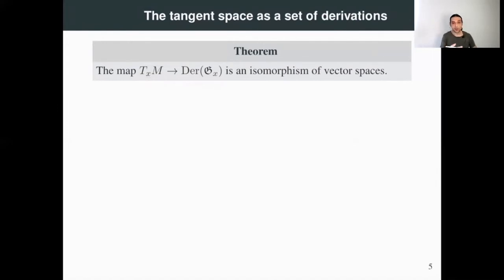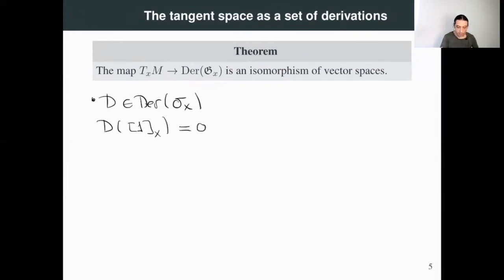Okay, first of all, we are going to see some interesting properties. The first one is that if we have a derivation of the space of germs at the point x, then the derivation applied to the germ of the constant function equal to 1 is always equal to 0. Okay? And why is that? This happens because this is the result of applying the derivation to the product of the function which is constant equal to 1 with itself.